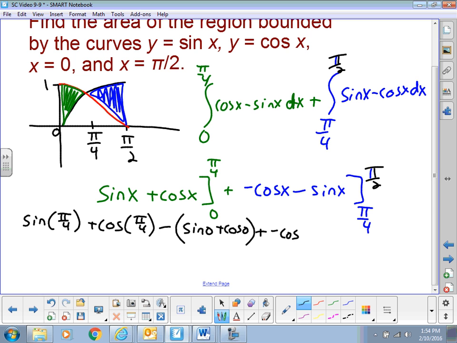So we'll have cos of pi over 2. Then we'll have minus sine of pi over 2. And then we'll have minus in parentheses. We'll have negative cos pi over 4. And then we've got a minus sine of pi over 4.